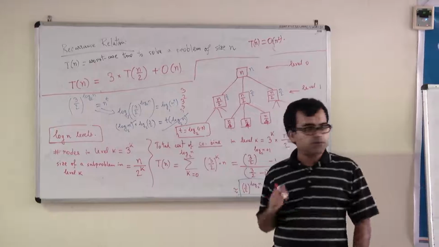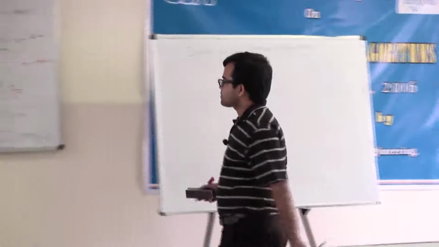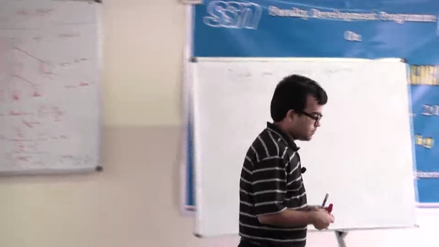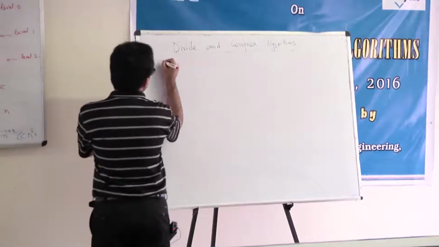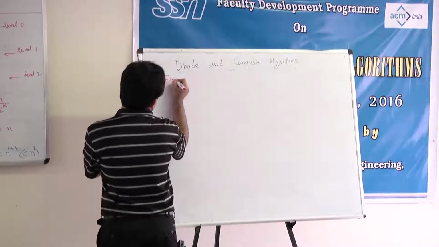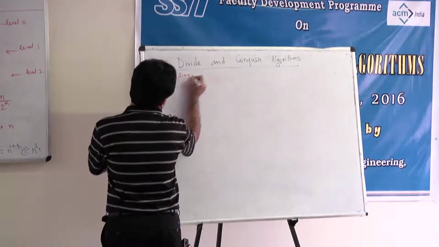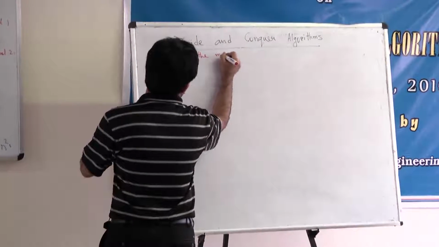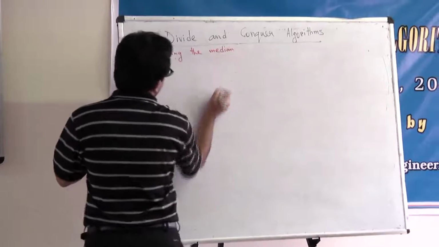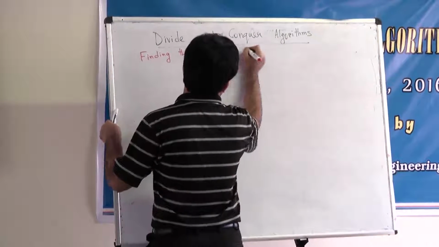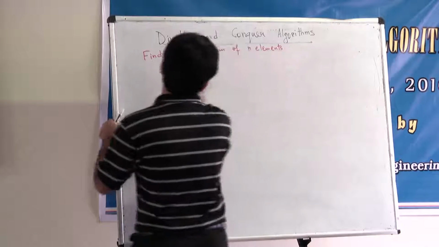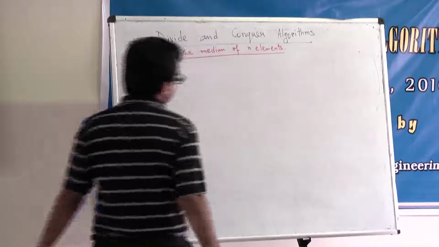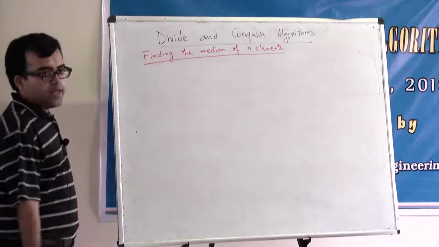Okay, so let me then go through the algorithm for median selection. So what is the median of n elements?